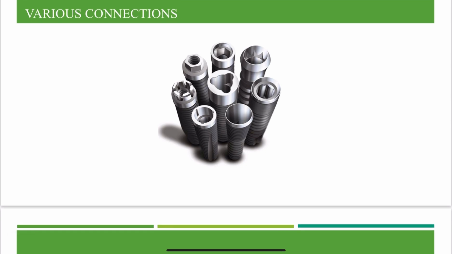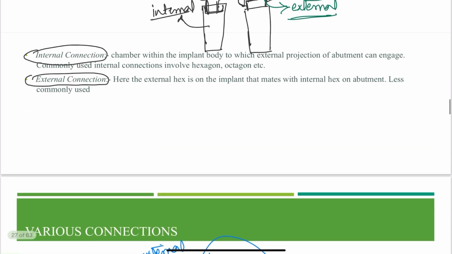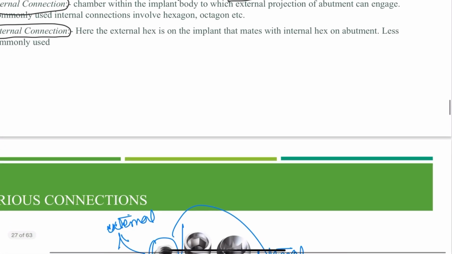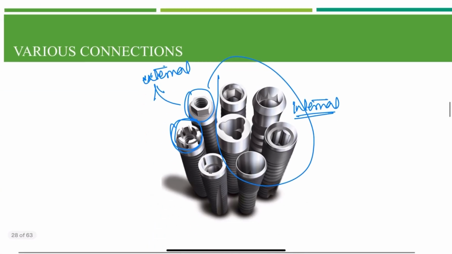In this diagram we can see these two are external, and all these are internal connections. Here is a terminology called hex. Although it is self-explanatory, when we see these connection designs, the design is in the form of a hex. That's why it is called hex.